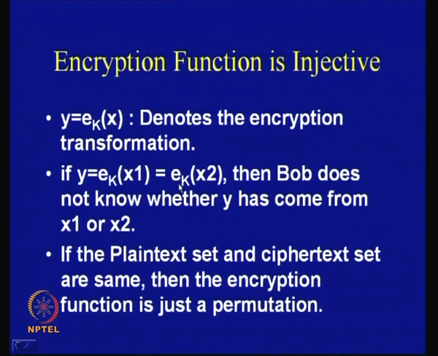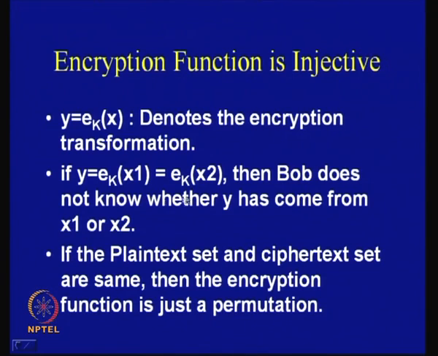This is an example of a function which is not injective. Then Bob will be confused, right? When Bob receives y and he has to decrypt it using the corresponding key, he will not be convinced whether the plain text is x1 or x2. That should not happen. Bob should uniquely identify whether x1 is the plain text or x2 is the plain text.